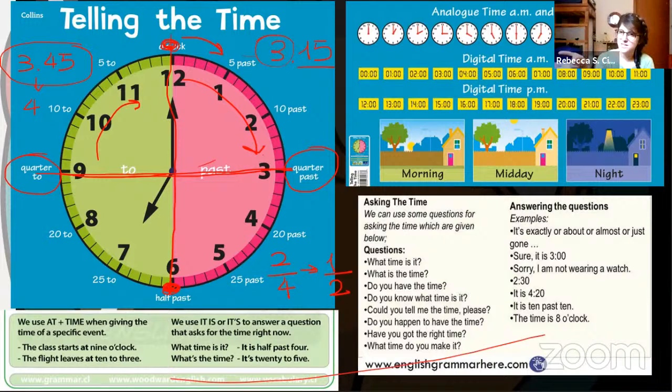Did you say 8:15? No, 7:15. 7:15 in Indonesia. Okay. So we say in English quarter to 8? 7:15. No. Quarter to 7.